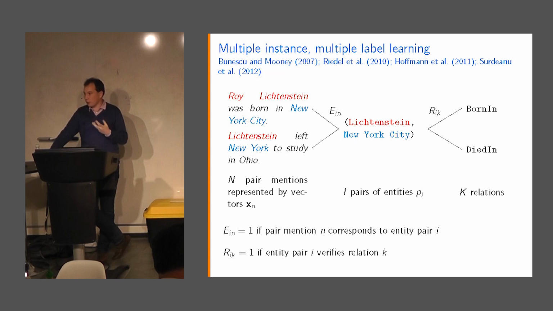Basically this is the information that is in the knowledge base. And we have a second matrix E such that E_in is equal to 1 if the sentence n, and in particular the pair of entities appearing in sentence n, is linked to the pair of entities i. Basically this is the entity linking part.